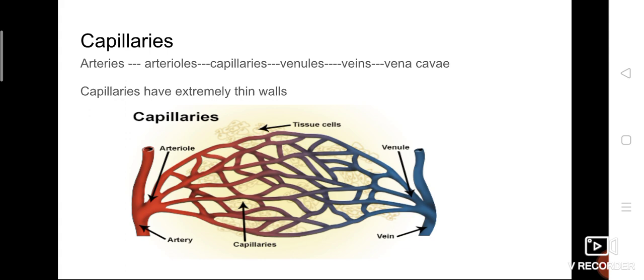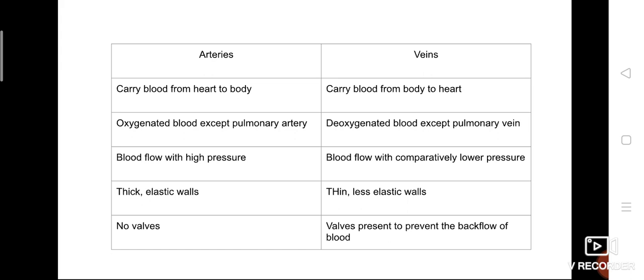Okay, now let's see a quick comparison of arteries and veins. Arteries carry blood from the heart to different body parts. Veins are just opposite, from body parts to the heart. Arteries usually carry oxygenated blood. Veins usually carry deoxygenated blood. The exception is there. What is that? Pulmonary artery and pulmonary vein. Blood flow in arteries is at high pressure.